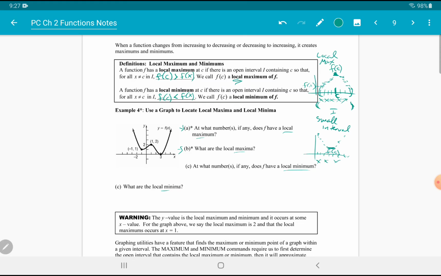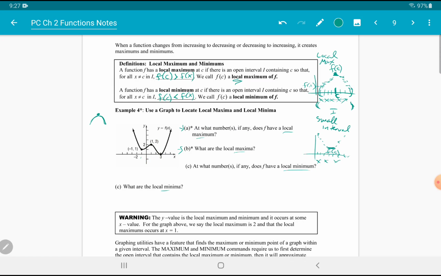Well, if you look at our graph, our local max is where our graph has a hump, like a hill, and it's going to be the tallest point. So if we look at this graph here, just within some open interval, we have a local max that occurs right there. Whenever you get that hump, that's where you get that local max.